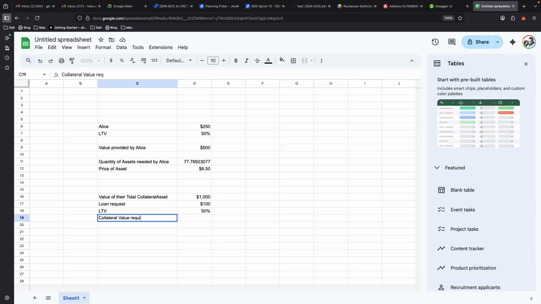Collateral value required for LTV is 100 divided by 50. Assume price is $1, so that means this is 200 divided by 1. Okay, so we know we need to deduct it. So what's their new balance when they take the loan? It would be this minus this, 800, and then their loan balance is equal to 200. Okay, so this is exactly what we just did, nothing weird.